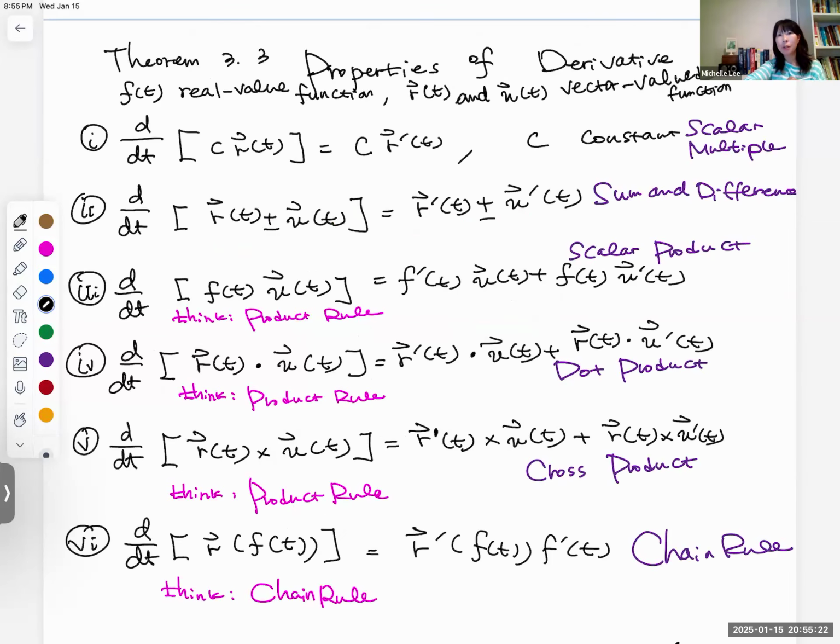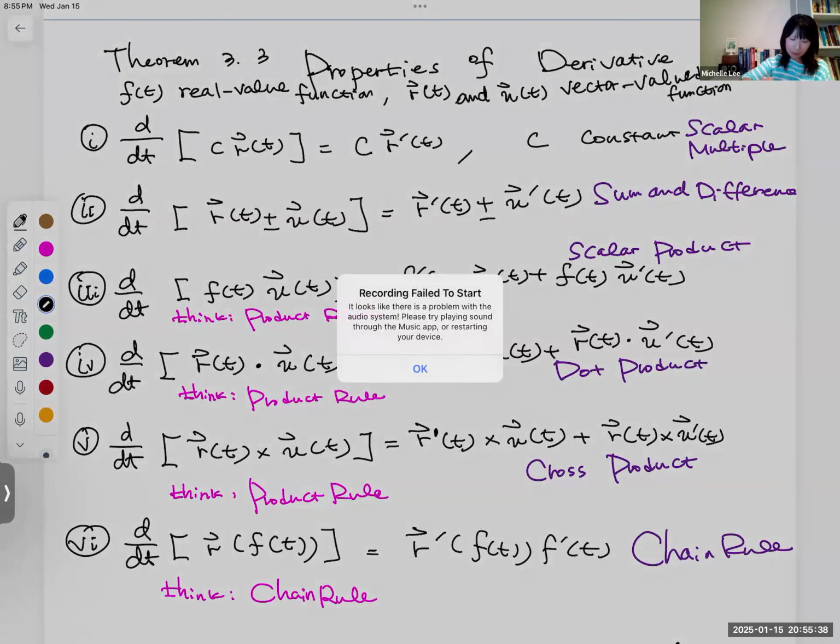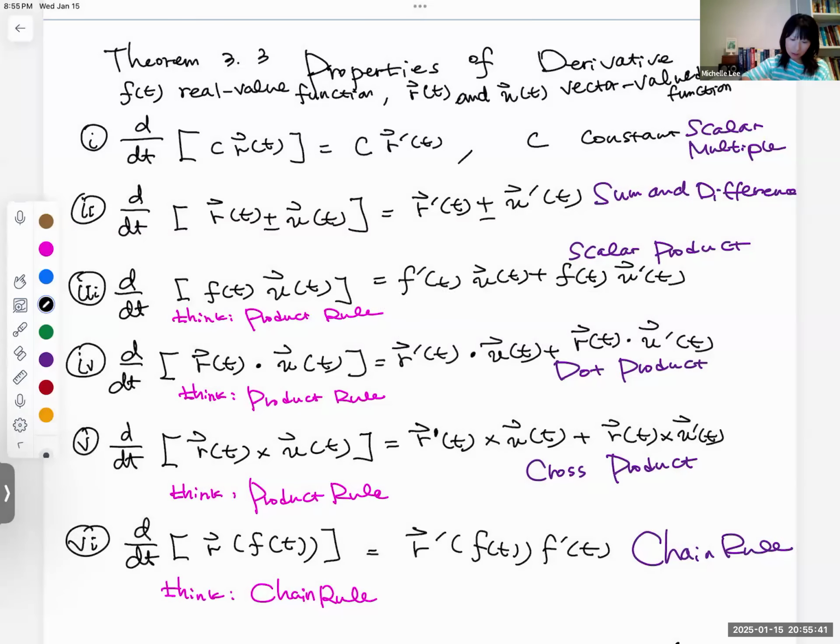Okay, so we have theorem 3.3, properties of the derivative. f of t is a real valued function, and r of t and u of t are vector valued functions. When you differentiate a constant times a vector valued function, it's the same as treating it like a real valued function, right?